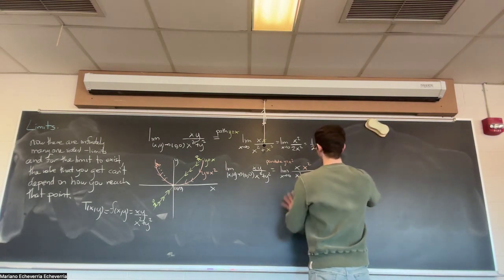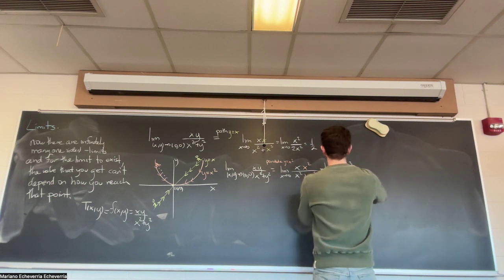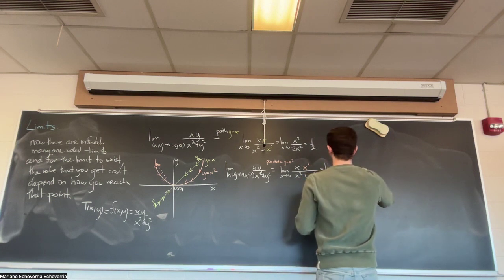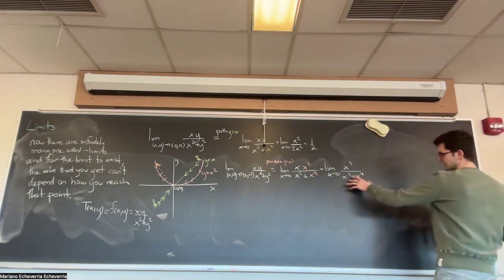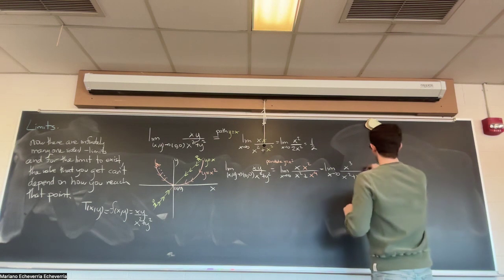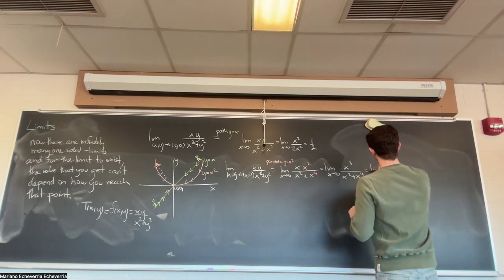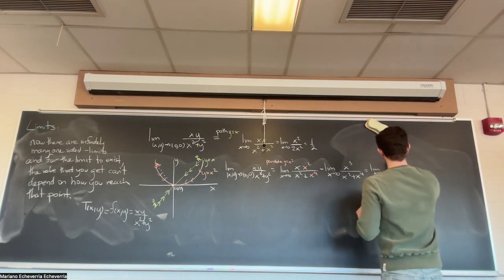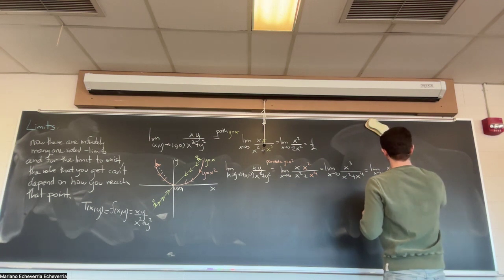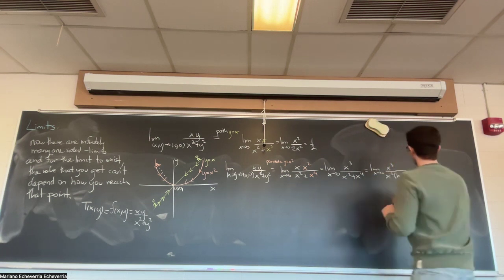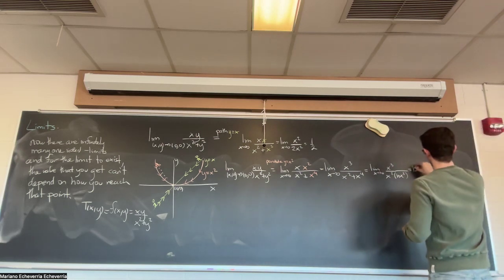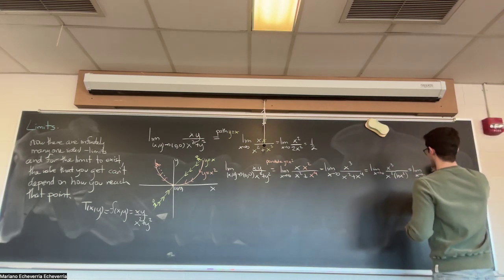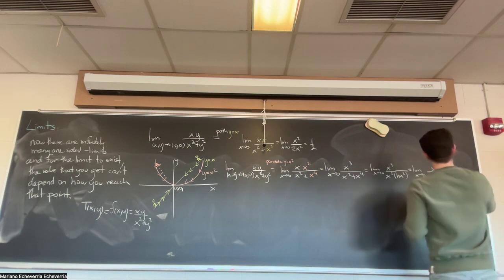Before doing some simplification, let me just put x cubed here divided by x squared plus x to the 4. The easiest thing you can do is factorize an x squared downstairs. So when you do that, you can simplify the numerator a little bit, so you get x over 1 plus x squared.